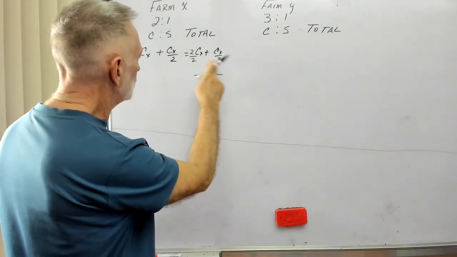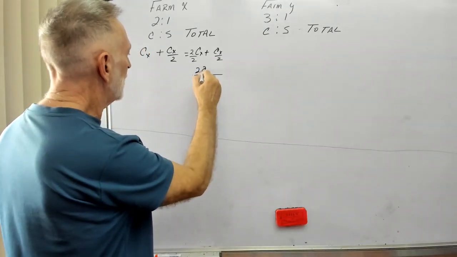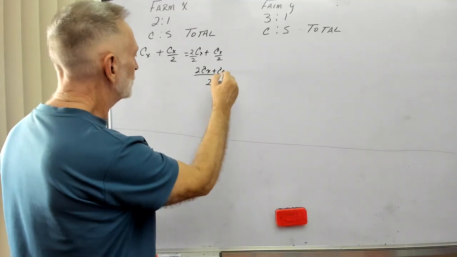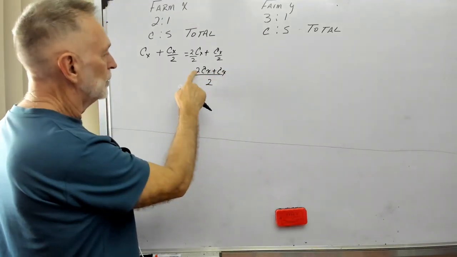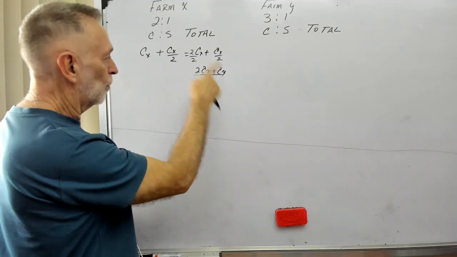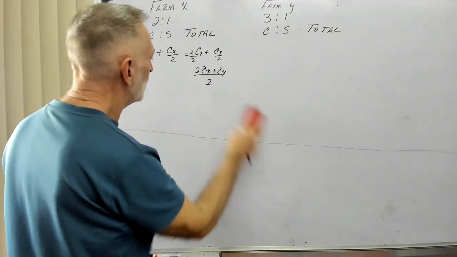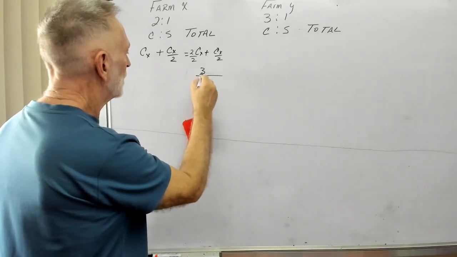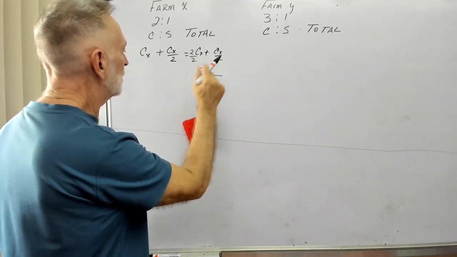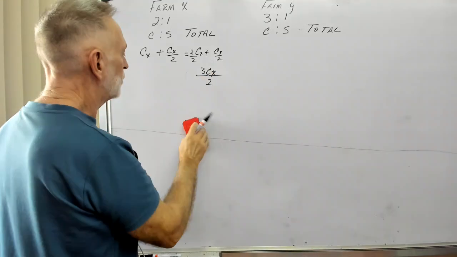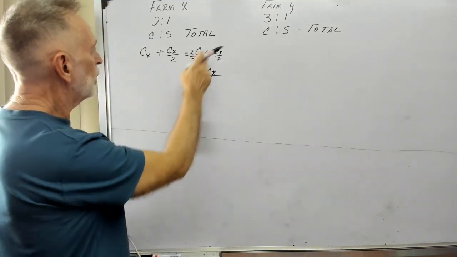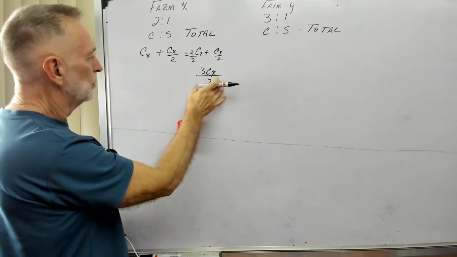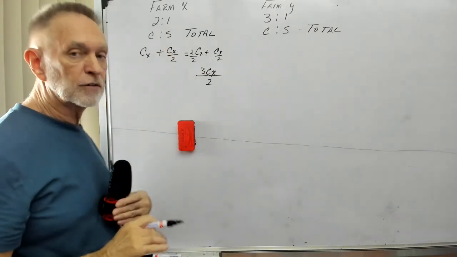Everything's over 2 now, so I have 2 cows on X plus cows on X over 2. So 2 cows on X plus 1 cow on X gives me what? 3 cows on X, 3 cows on X over 2. That's the total animals on Farm X.